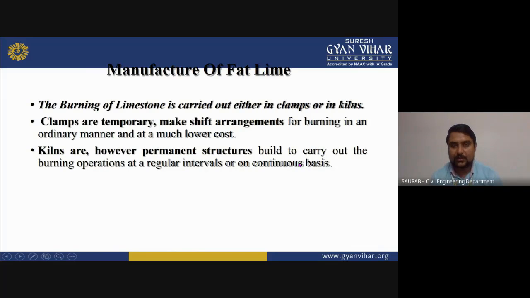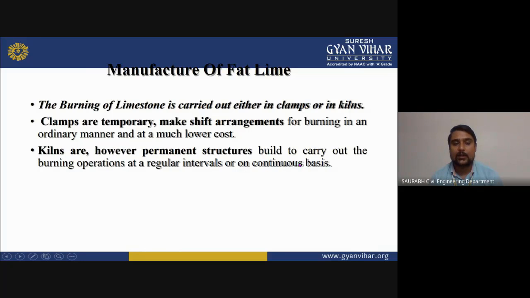Now we will see the manufacturing process of a fat lime, how we manufacture a fat lime. The burning of limestone is carried out either in a clamp or a kiln. Clamps are temporary makeshift arrangements for burning in an ordinary manner at a much lower cost.